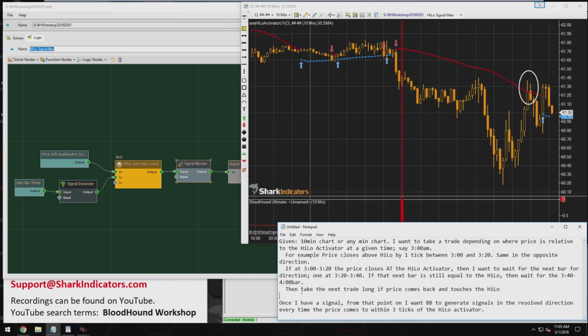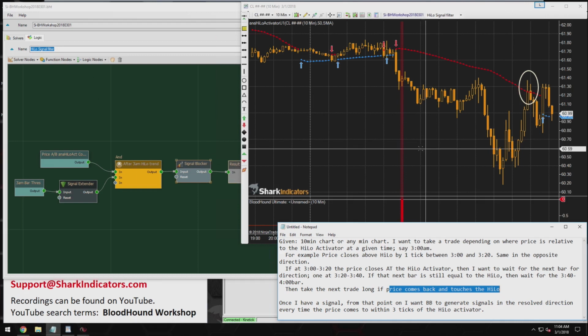Let's see here. So, all right. So now we want to take the next trade when price basically makes a pullback and touches the high-low indicator. All right. So the pullback. Let's see here. Yeah. Okay. So I'm just kind of thinking this through.